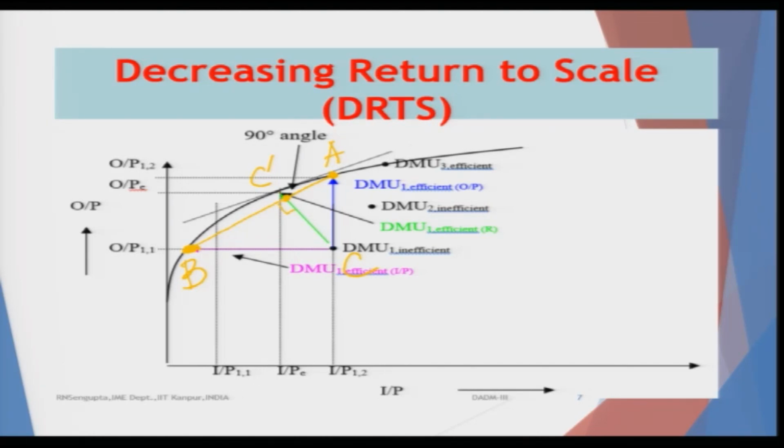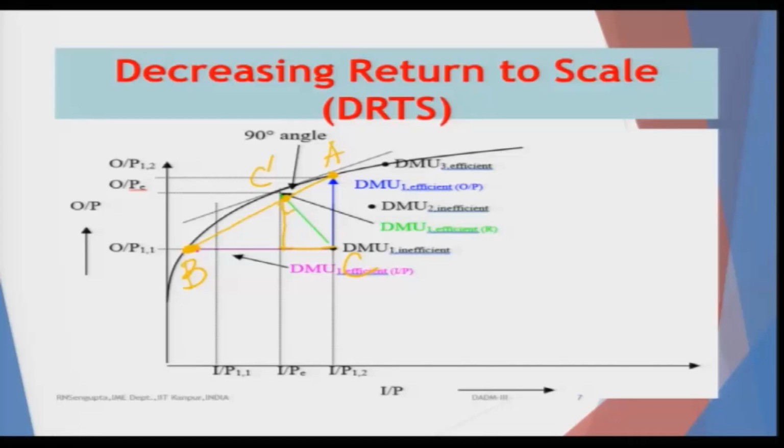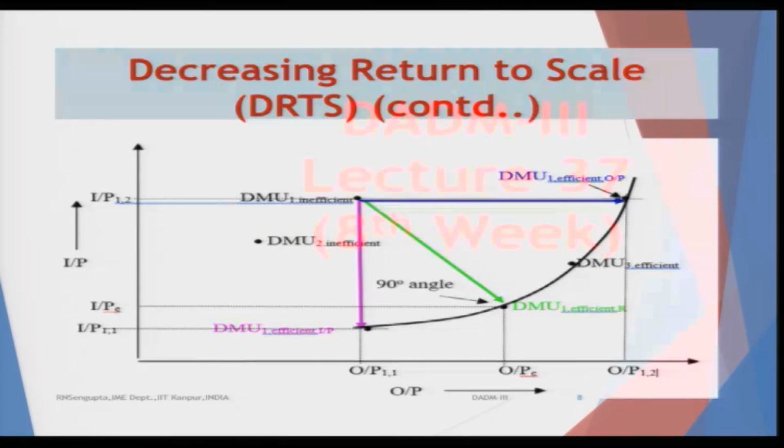Using the concept of triangle and congruency you can find out what the ratios would be. If A, B are such that C dash is the middle point, then the proportional concept can be found out very easily. It can be done for other ratios also. You can do this for the decreasing and the increasing returns to scale also.